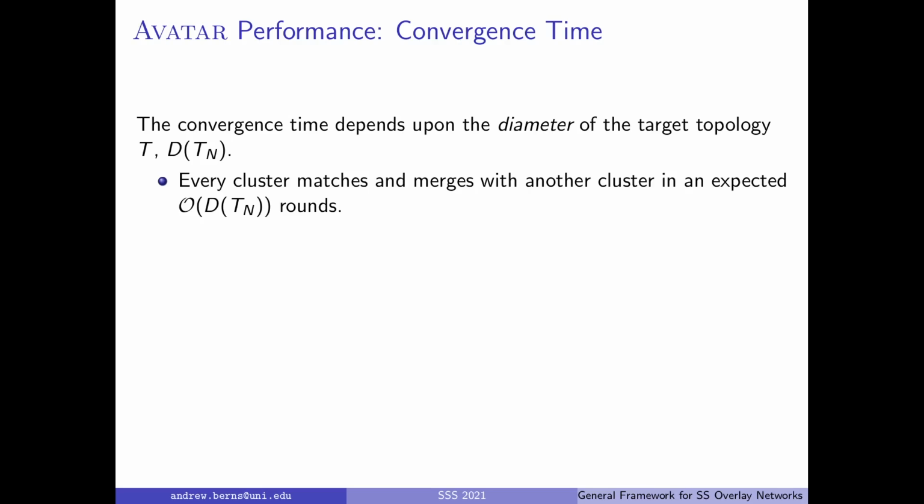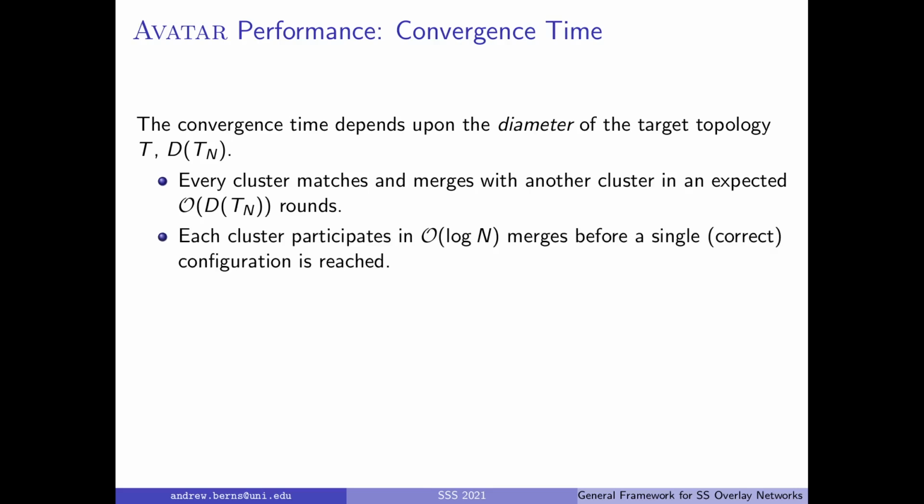That coordination is done by sending messages through the cluster, which requires order d_T(n) rounds. So every time I do a match and every time I do a merge, it takes order d_T(n) rounds in expectation because there's some randomness in there. I would expect that each cluster then participates in log n merges before a single correct configuration is reached. That makes sense. Every cluster should merge with some other cluster in an expected d_T(n) rounds, and so that should happen log n times.